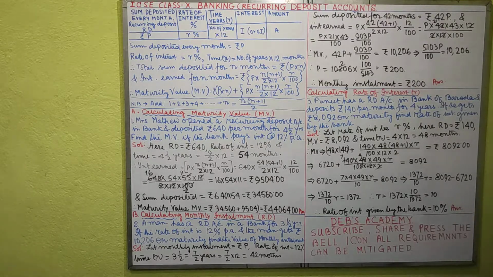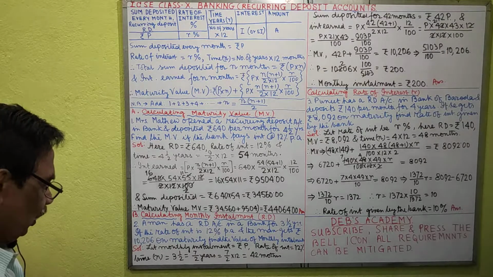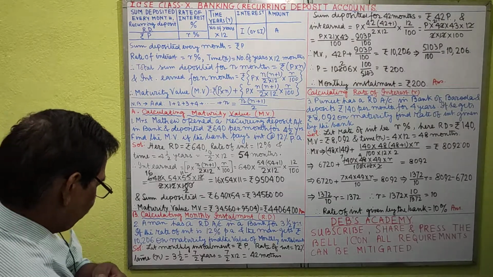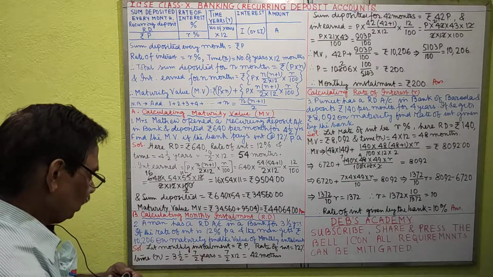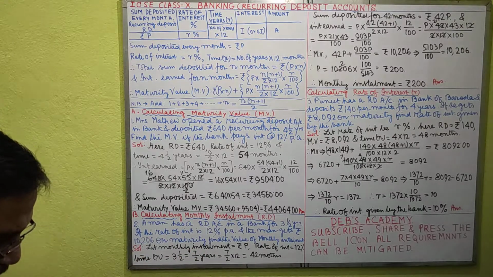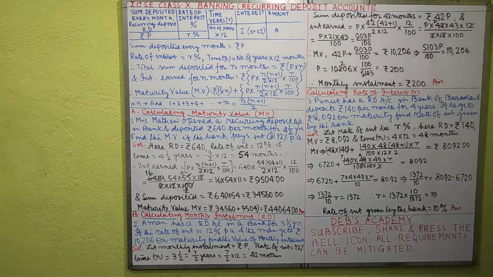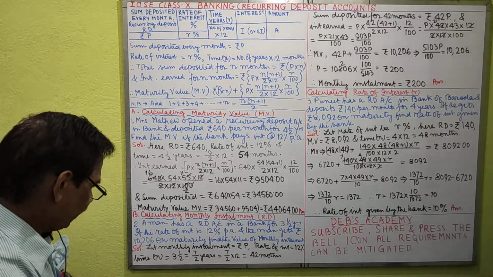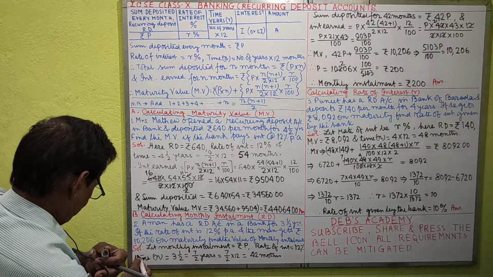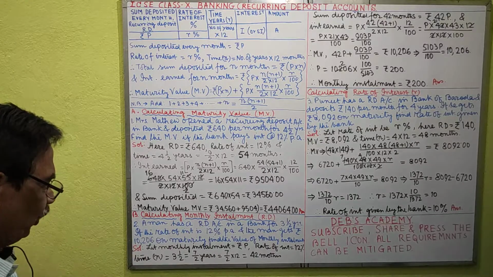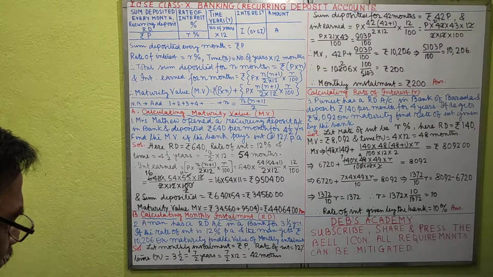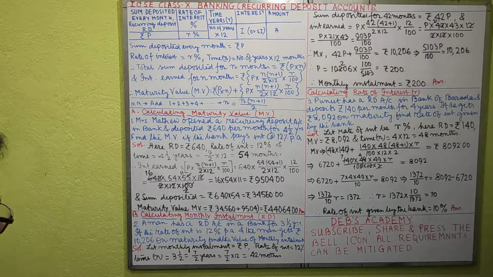Now the solution. Let the monthly installment be rupees P, and rate of interest is 12%. Therefore time n equal to 3.5 years equal to 7 by 2 years, 7 by 2 into 12, that is 42 months.